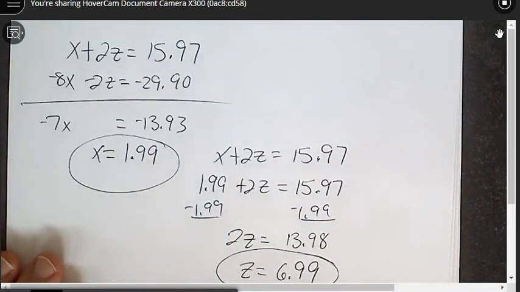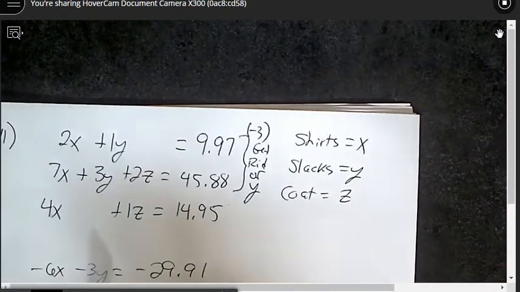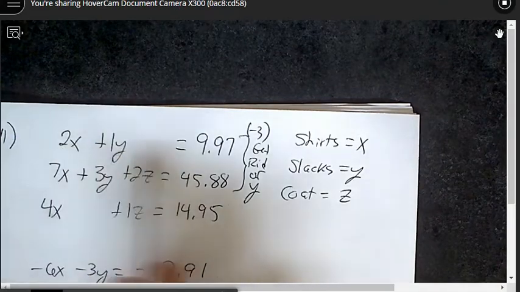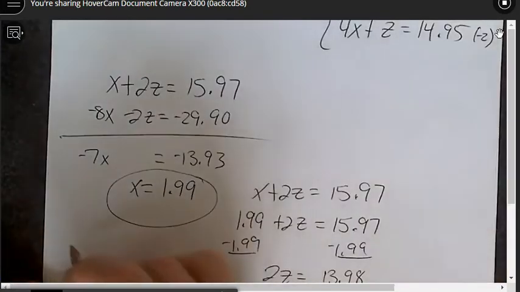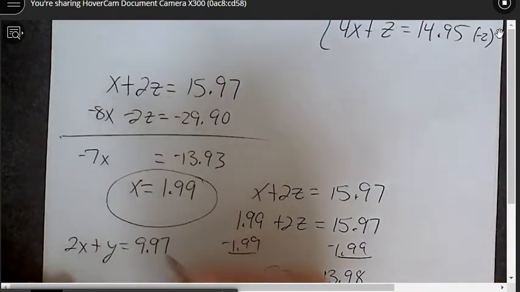And now we've got to also find out what y is. And to me, the easiest equation to find out y would be way back in the beginning, because now you have just x and y in this value. So we have 2x plus y equals 997.